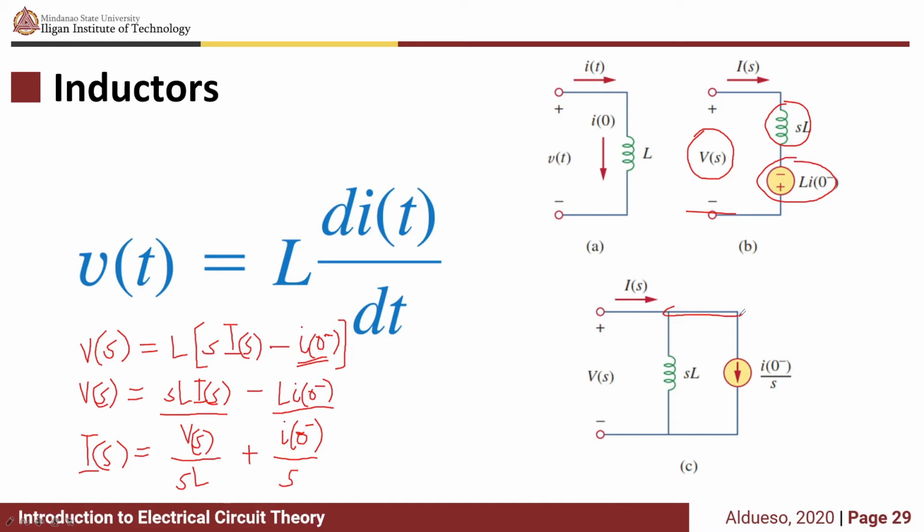So if you look at this node right here, I(s) is just the sum of the two branch currents. We have a current right here, the inductor, which is equivalent to V(s) over sL, this term, and we have a current source going downwards with magnitude of i(0-) over s, which is this term. So you can use either of the two equivalent circuits.